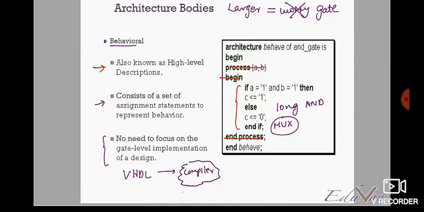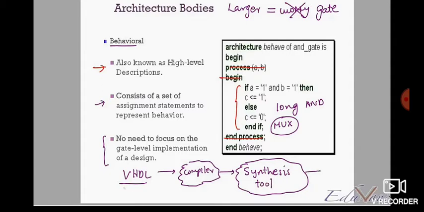A compiler understands this VHDL language and then gives it to something called a synthesis tool. Basically, what this synthesis tool does is, it looks at my VHDL code and says, okay, this is what you're trying to say. I am going to make an AND gate for you.